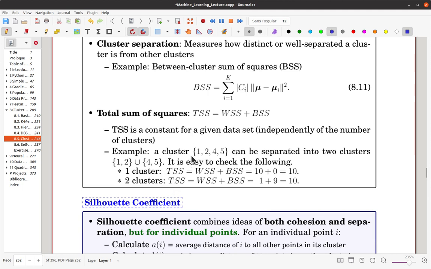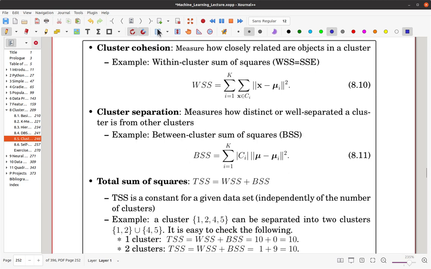For this data set, you may consider this one as a cluster or two clusters. In either case, WSS and BSS are different. However, their sum is the same.